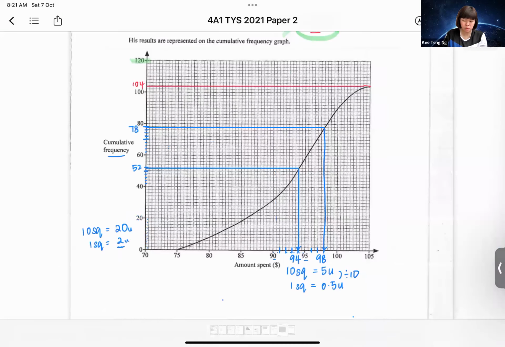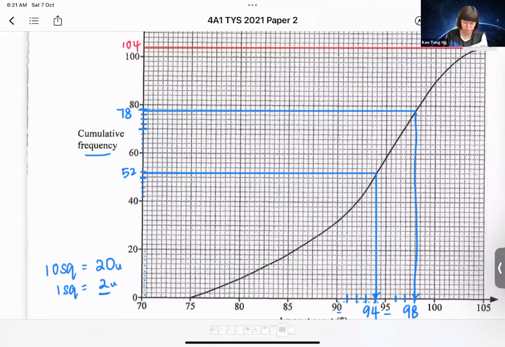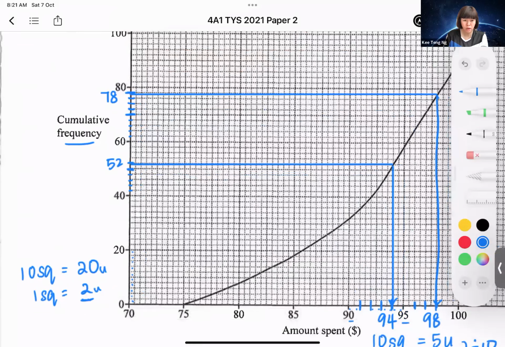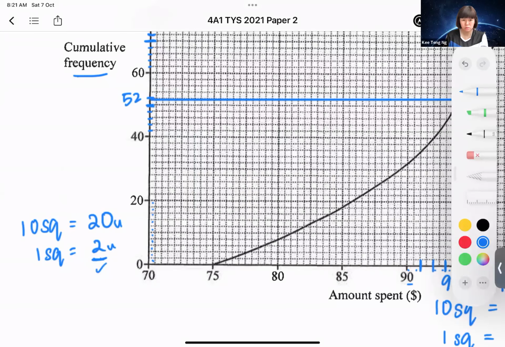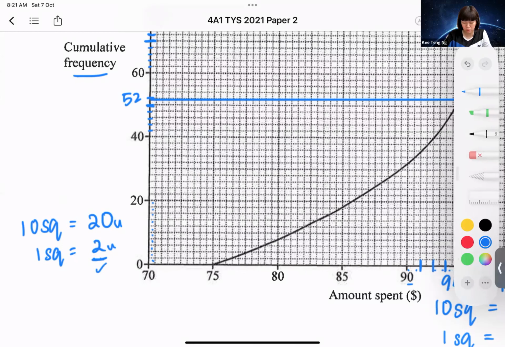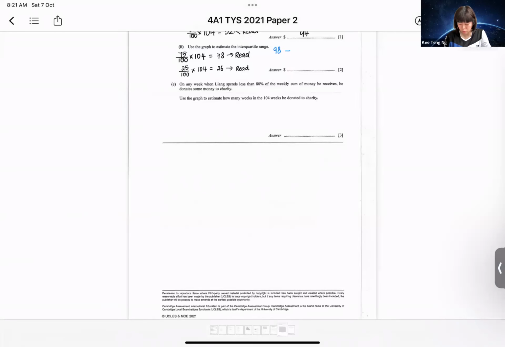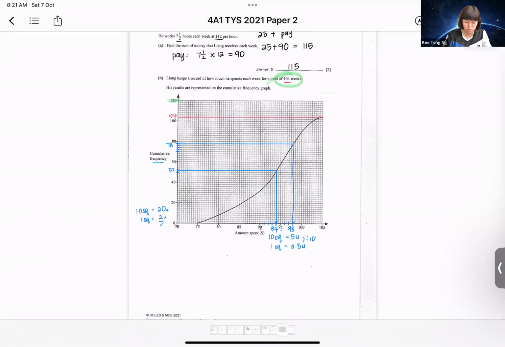So let me look for 20. Remember, 1 square, 2 units. So 20, what did I look for? 24, is it? Oh, 26. They want the number 26, so sorry.